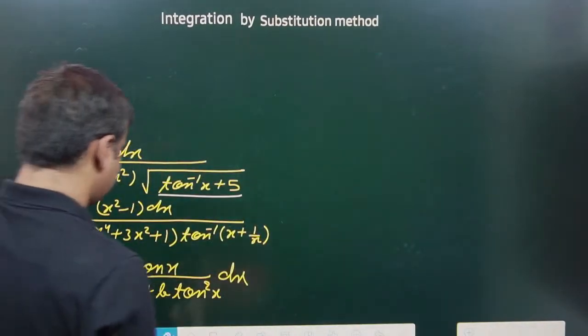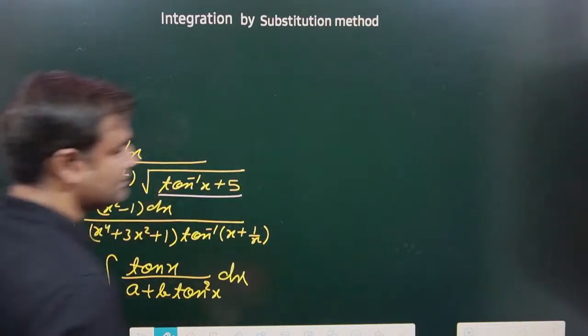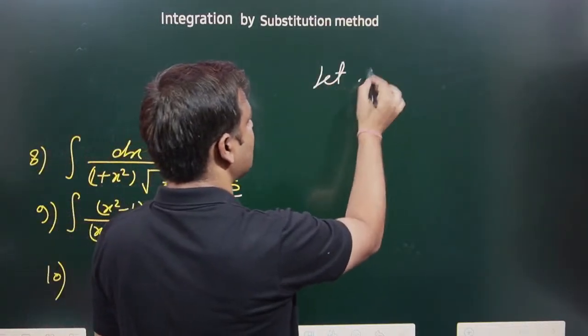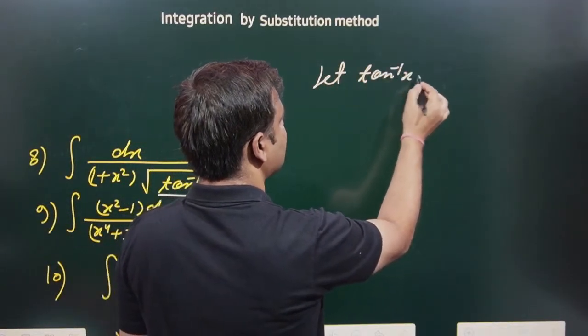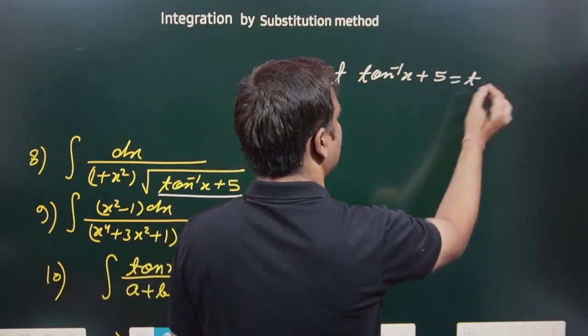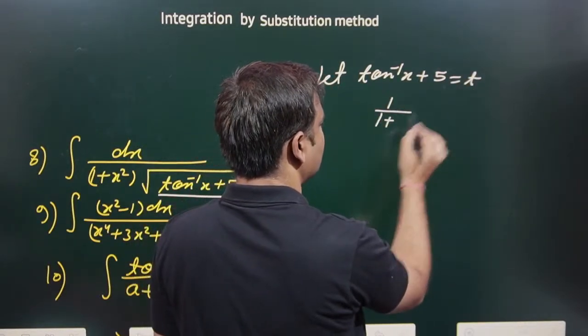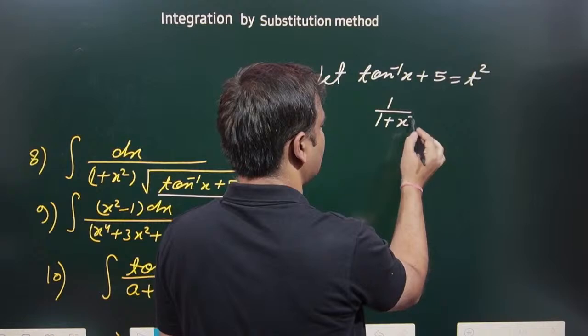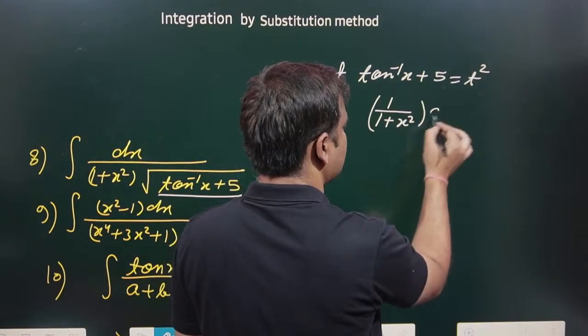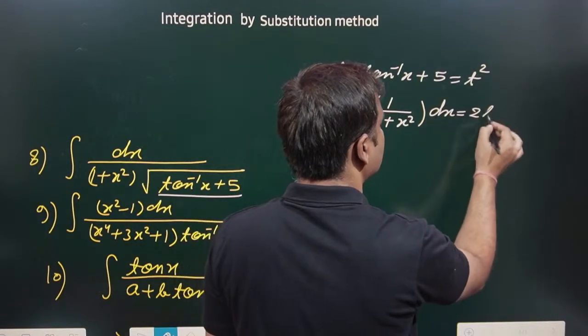You can replace. Now let tan inverse x plus 5 be taken as t square, so 1 upon 1 plus x square dx is replaced by 2t dt.